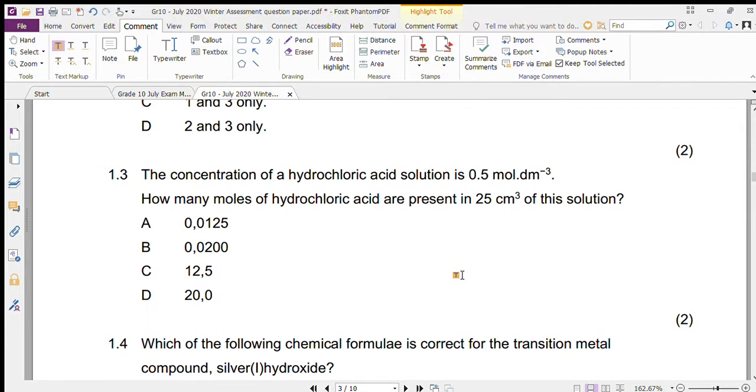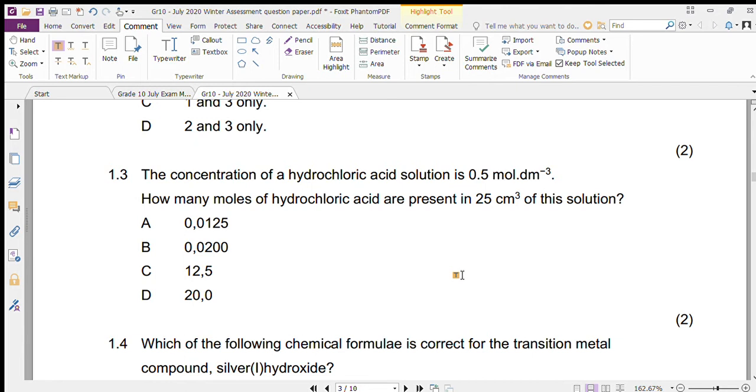Question 1.3 exercises your knowledge on moles and concentration. All you had to do was plug and play here based on the formula that we have given you on your data sheet. So I wanted to know how many moles of hydrochloric acid are present in 25 centimeter cubed of solution.